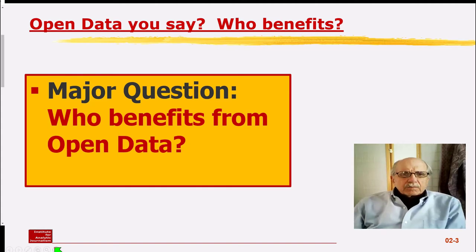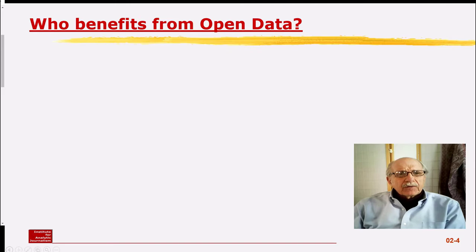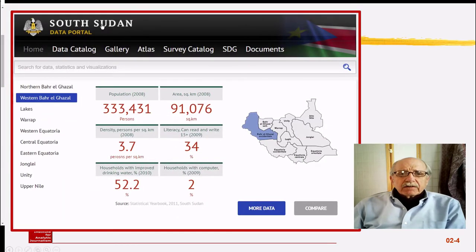Do I sense some skepticism when I say open data and South Sudan in the same sentence? How about this then? Yep, a South Sudan data portal. Seems to hold a measure of promise. At least here there are basic national statistics, maps, and bottom right, a link to more data.